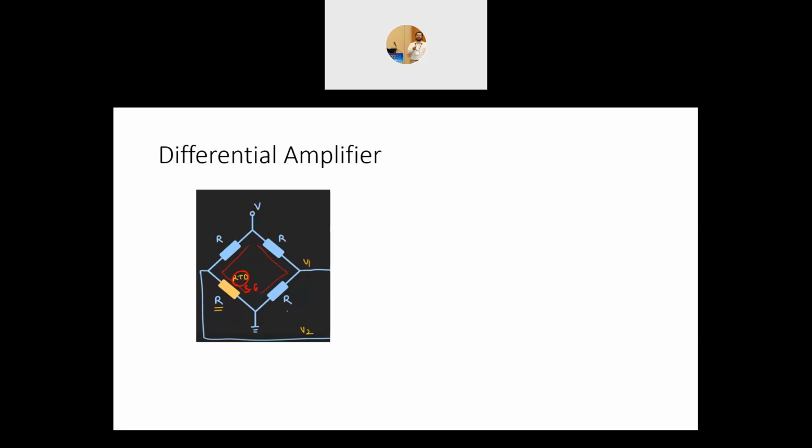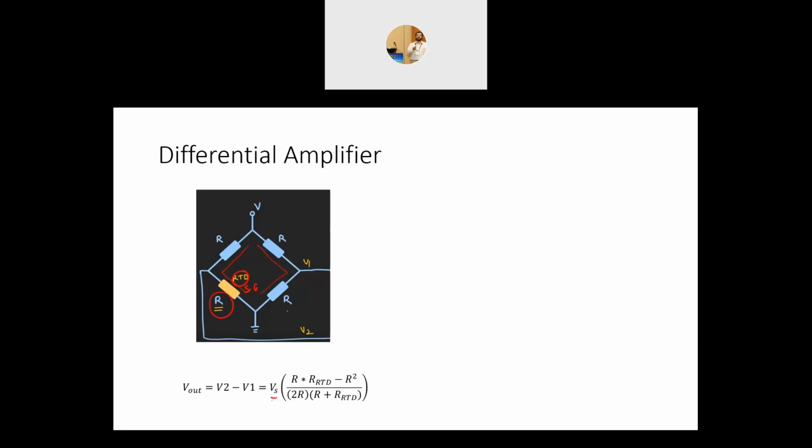So we start with a balanced bridge, and then once the temperature changes, the resistance of the RTD sensor changes, or if we have a stress, the resistance of the strain gauge will be changing. So your Wheatstone Bridge will not be balanced, and we will have this formula that your Vout, which is V2 minus V1, is equal to this.